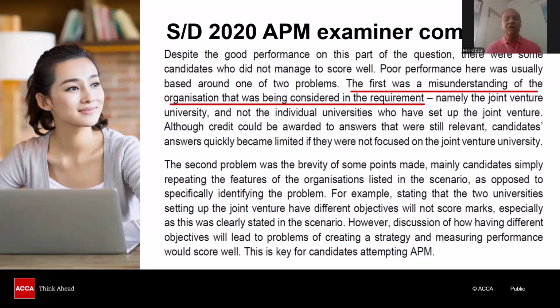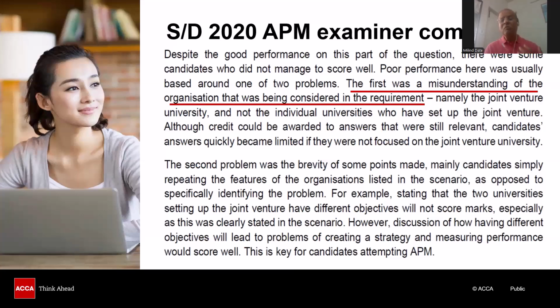Now, of course, for example, it is stated by the examiner that the two universities setting up a joint venture have different objectives. Well, the point is correct. The two universities may have different objectives. But if you write only this much, you're not going to score marks. Especially because this was stated in the scenario that you need to identify issues related to joint venture. So the discussion could have been on how having different objectives will lead to problems.